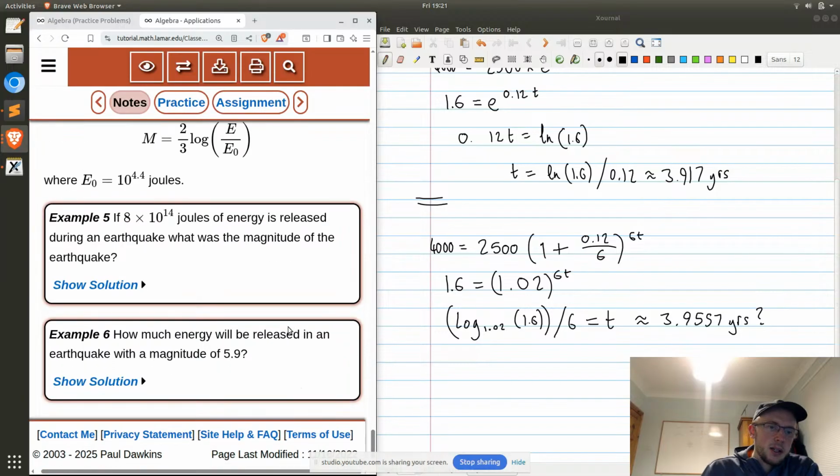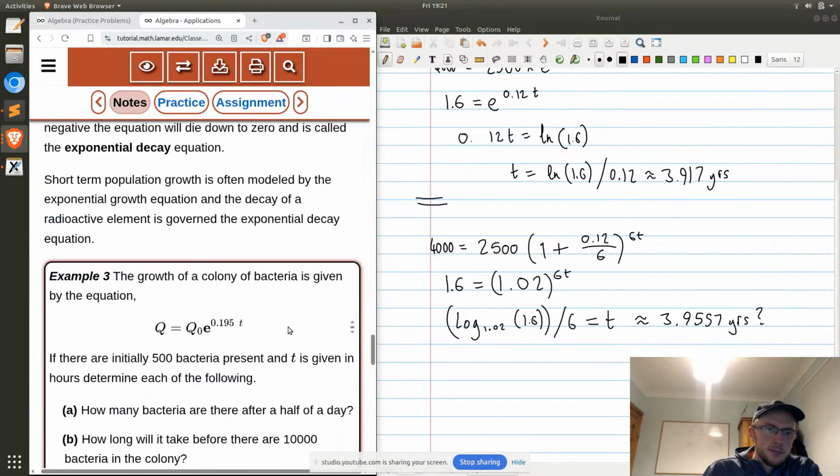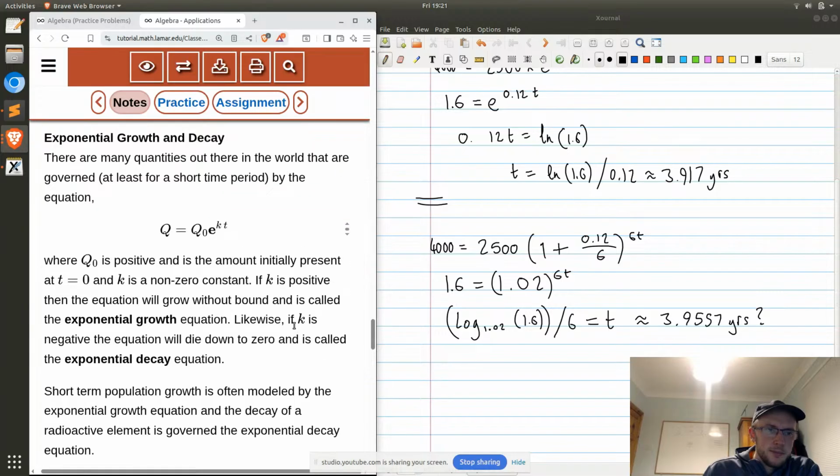You know what? I really want to understand this. So I'm going to read these. There are many quantities out there in the world that are governed, at least for a short time period, by the equation Q equals Q0 e to the kt, where Q0 is positive and is the amount initially present at t equals 0, and k is a non-zero constant.